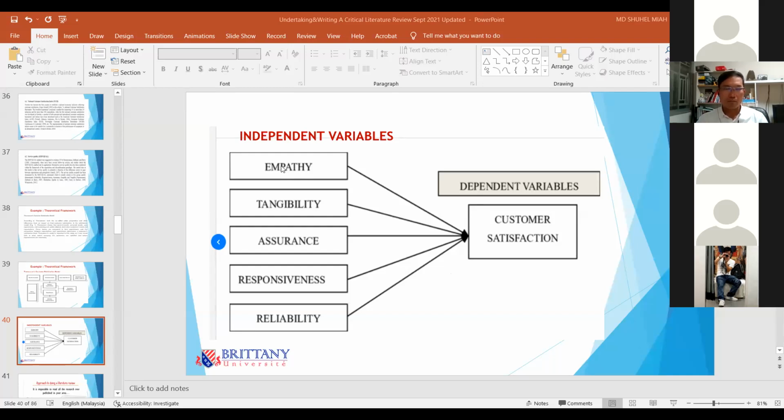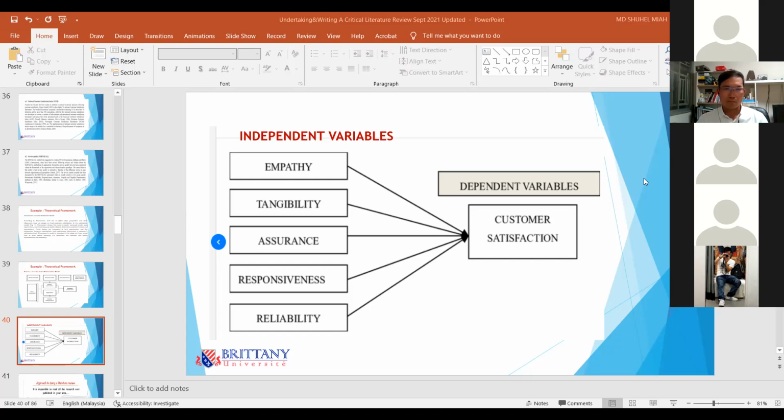Now you see, empathy has a relationship with customer satisfaction. This relationship can be positive or negative. You don't know yet because you haven't done your survey. So this is how you develop your hypothesis. You can put your null hypothesis that empathy has no relationship with customer satisfaction, or you can put that empathy has a significant and positive relationship with customer satisfaction.